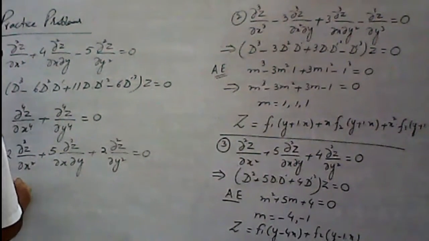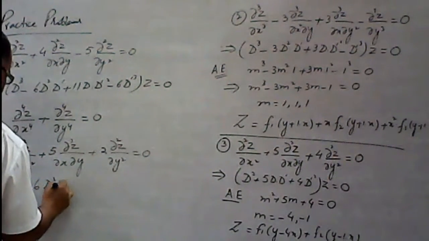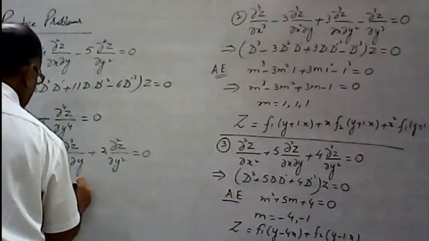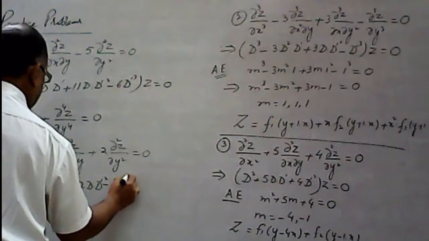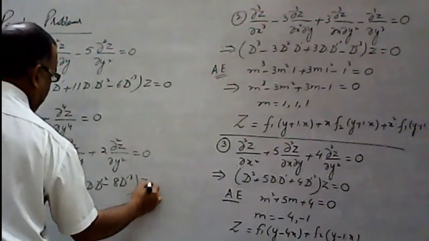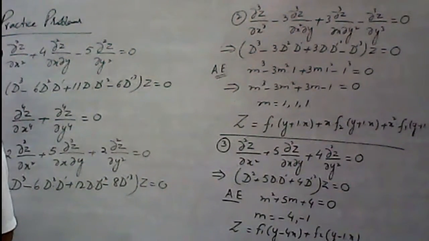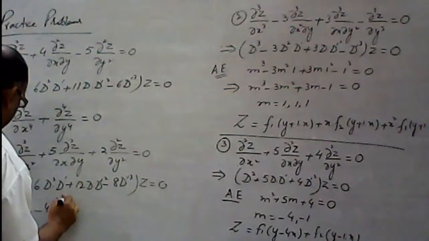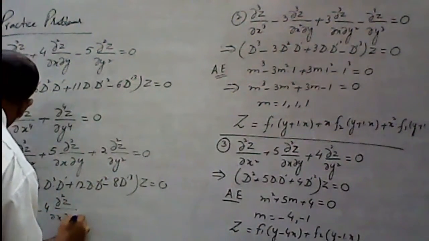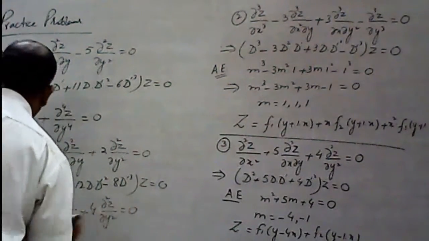Then number 5: D cube minus 6D square D dash plus 12D D dash square minus 8D dash cube of z equal to 0. Then number 6: partial 2z over partial x square minus 4 partial 2z over partial x partial y plus 4 partial 2z over partial y square equal to 0.